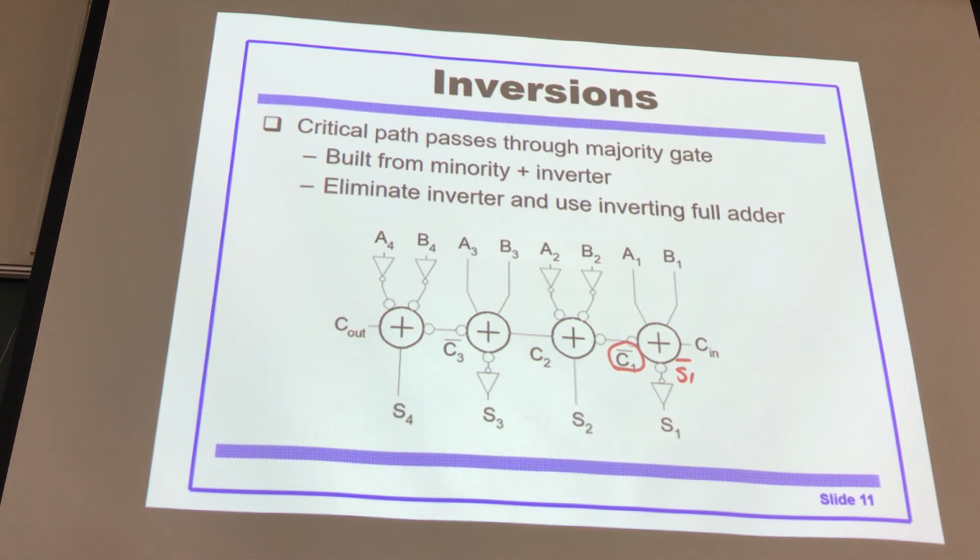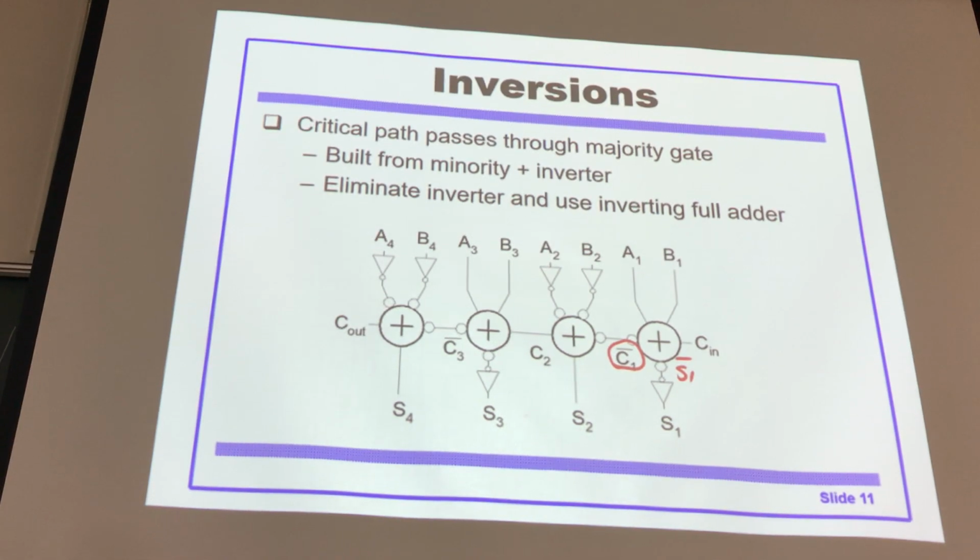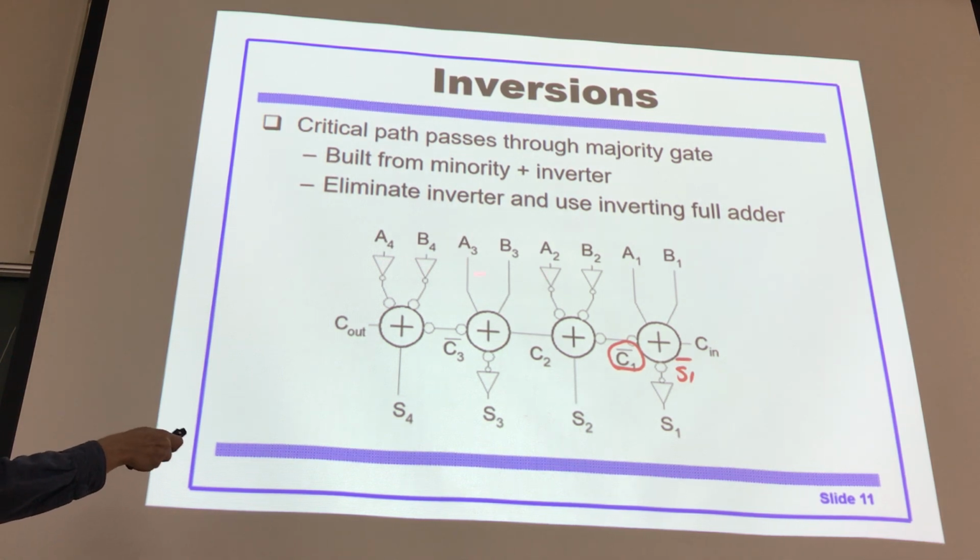But what we are doing is, we want to remove the inverter delay in between, okay? That will slightly improve the circuit speed. But you may say that we also introduce inverters here, but that's fine because these inverters are not part of the critical path.